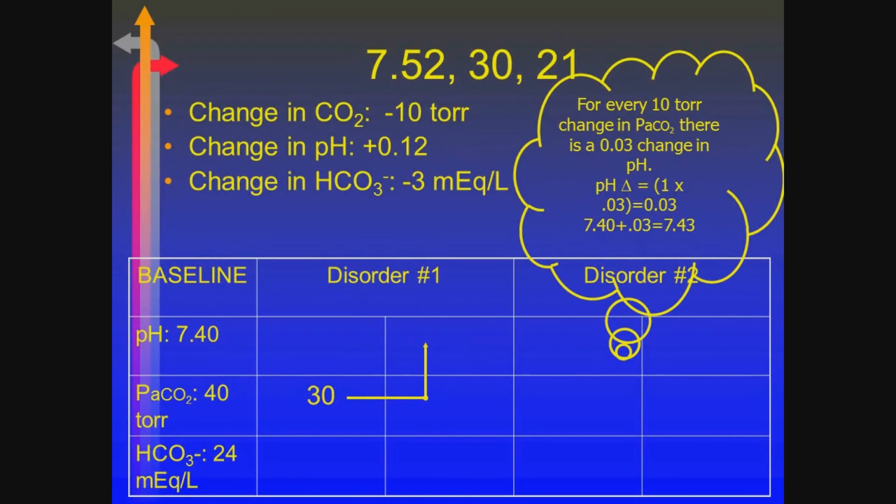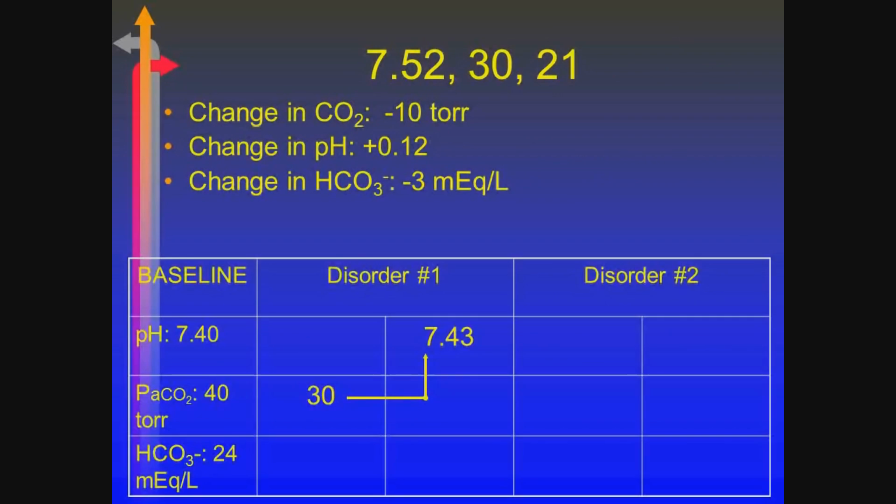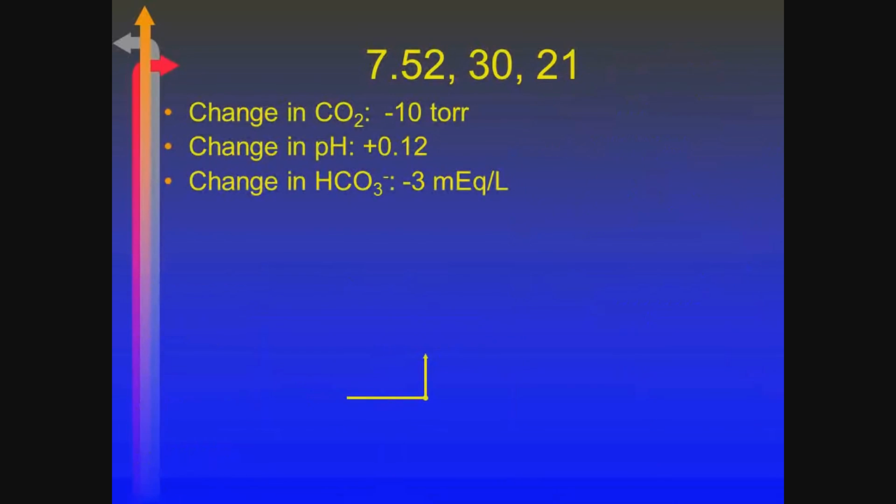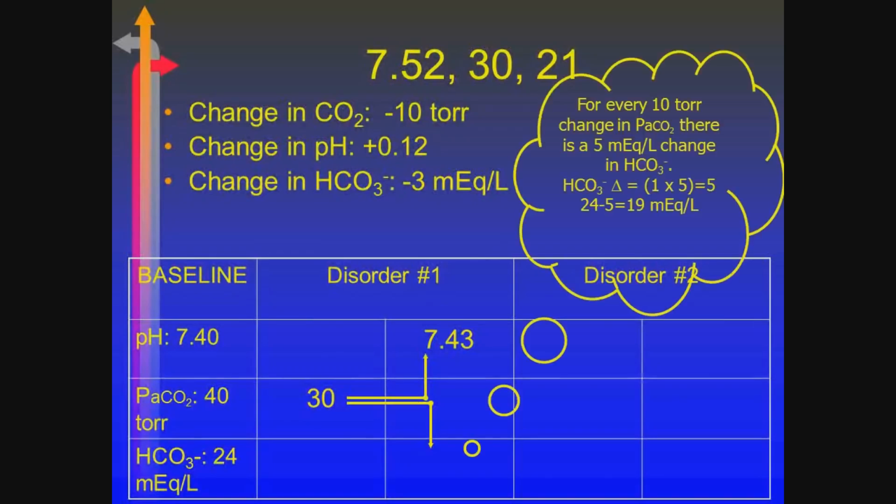So minus 10 torr change, that means it's a 0.03 change in pH, which brings it to 7.43. Not even close to my 7.52. What effect does that have on the bicarb? A 10 torr drop in PCO2 equals a 5 milliequivalent change in bicarbonate level.